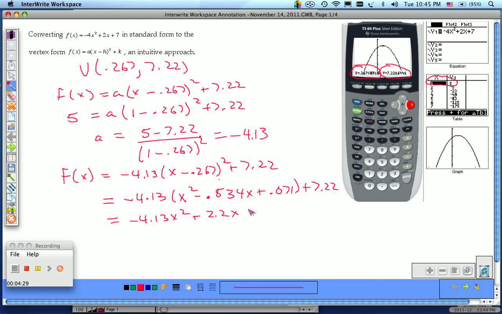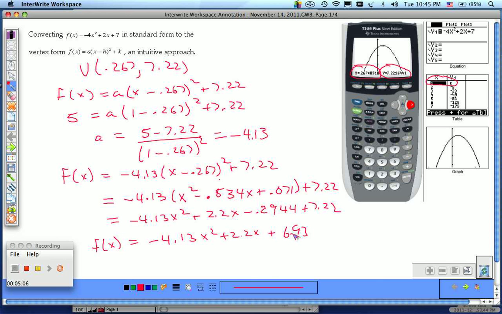So when you take minus 4.13 times the 0.071, you're going to get minus 0.2944. So minus 0.2944 plus 7.22, and then our final expanded vertex form is minus 4.13x squared plus 2.2x plus 6.93.